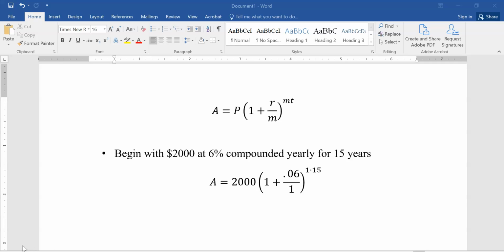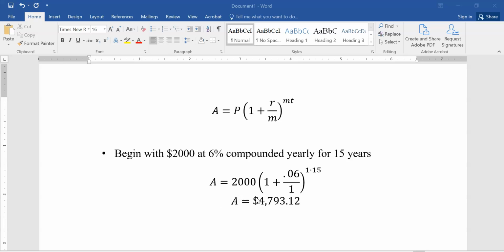The value that we get out is $4,793.12 when I round it to the nearest cent. That is the final amount. If you want to figure out how much interest was gained on your investment of $2,000, then you can simply take the final amount and subtract the present value of $2,000.